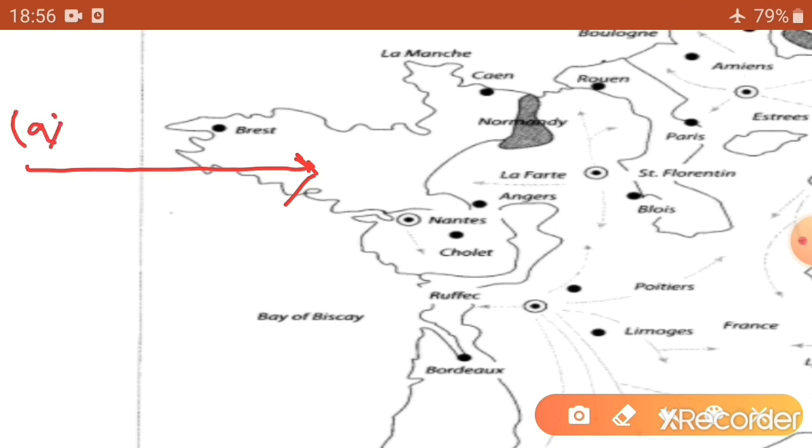What is the name of the place? Brest. So I'll mention the name here. You have to write the proper question number and the name of the region you're locating. There's no need for an index over here. But these two things should be mentioned when you're locating any region on a map. Got it? Are things clear?